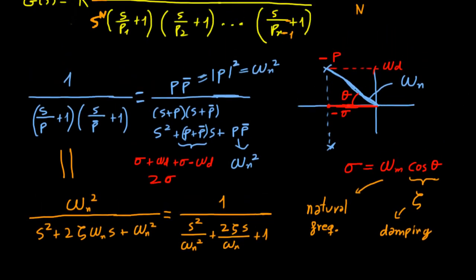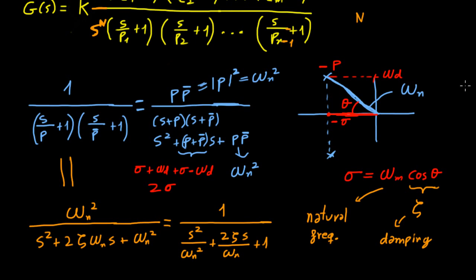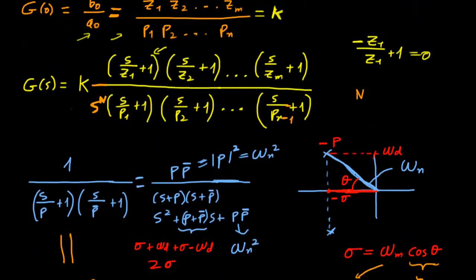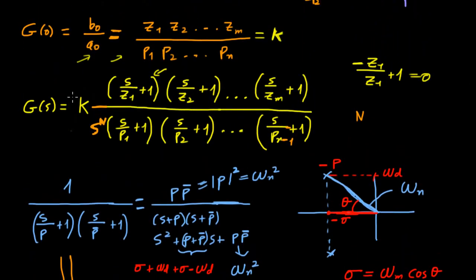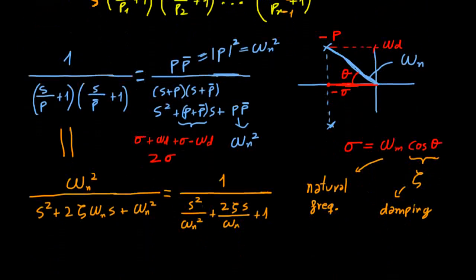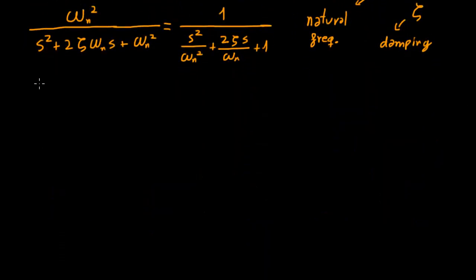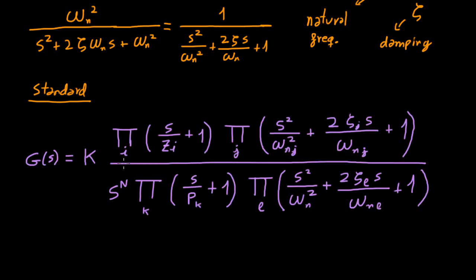So once we've developed this, we can write the most general way, what we will call the standard form of writing the transfer function of a system. Let me write it. Here it is.